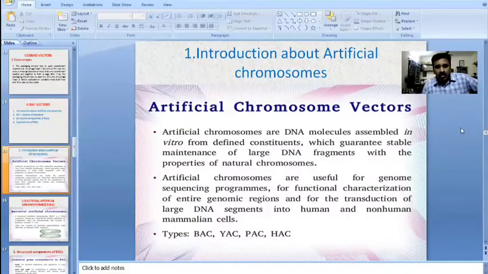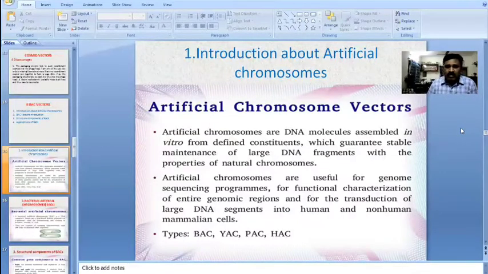So artificial chromosomes are nothing but DNA molecules assembled in vitro from defined constituents, which guarantee stable maintenance of large DNA fragments with the properties of natural chromosomes.